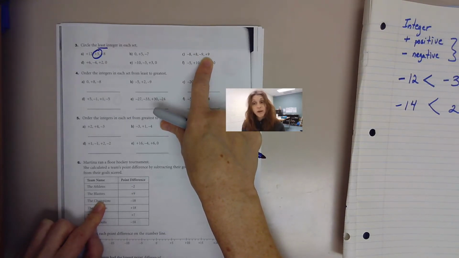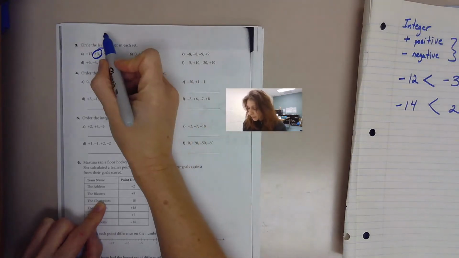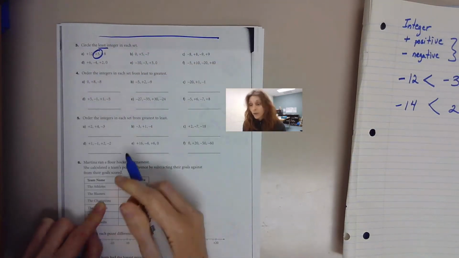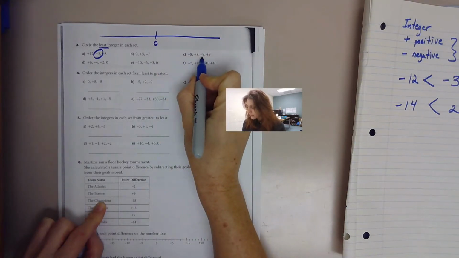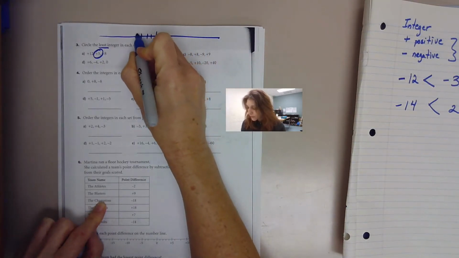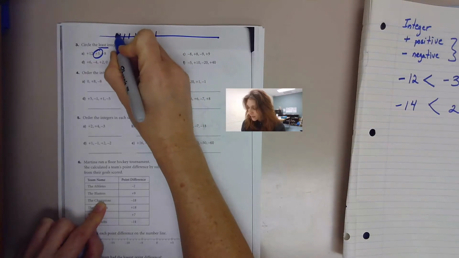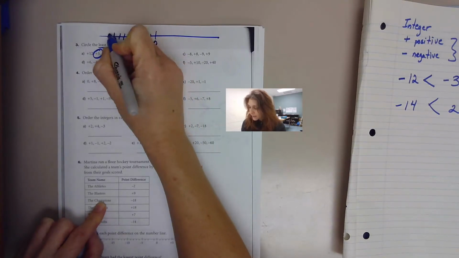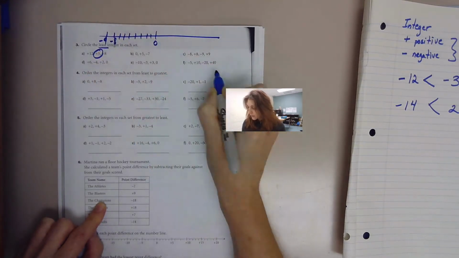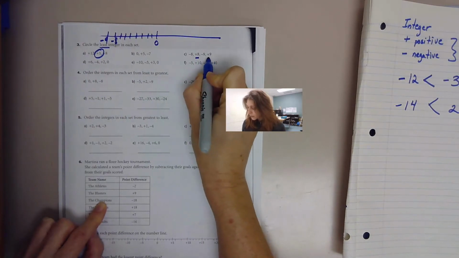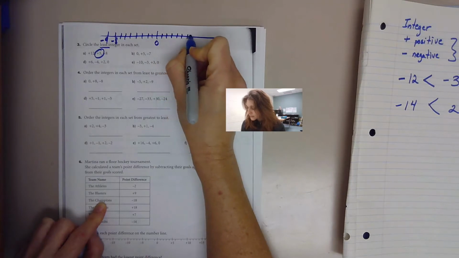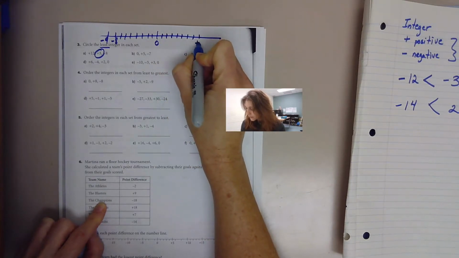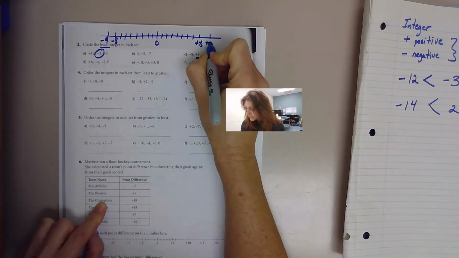Okay, so this is where you have to think about if you're on a number line. Put in your 0, and we go to negative 8, negative 9, and we have positive 8 and positive 9.